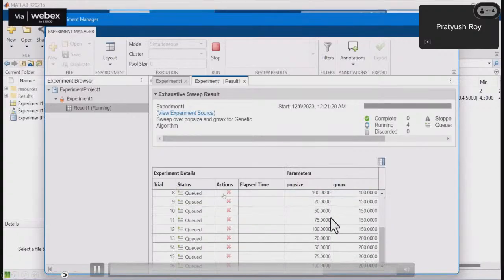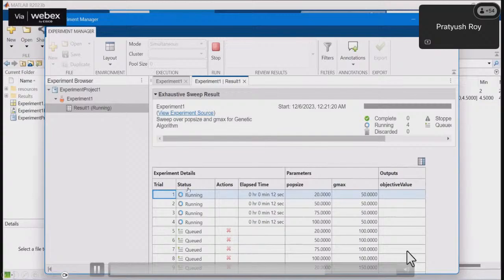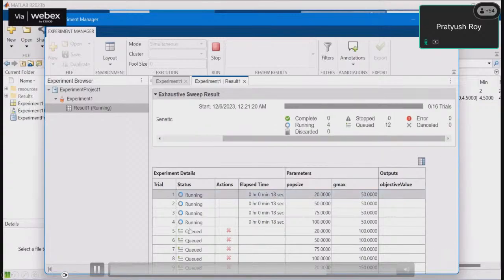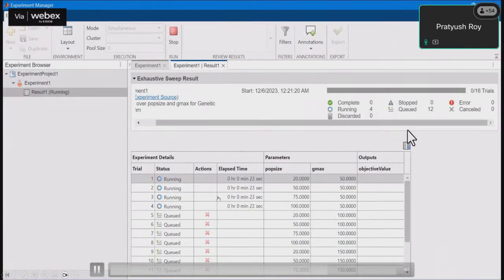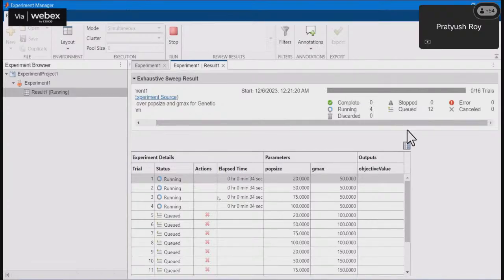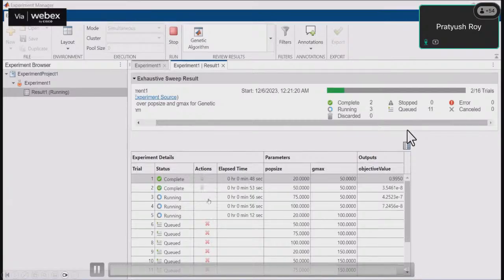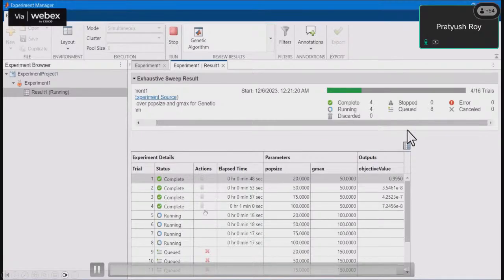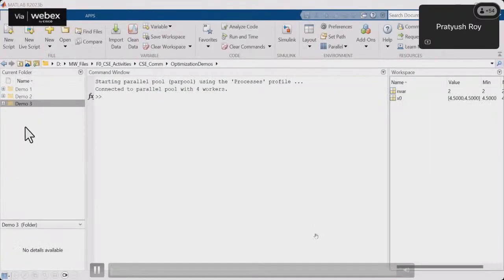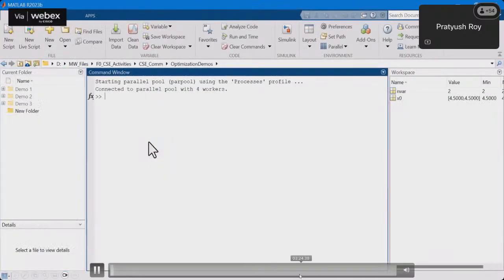So multiple of them will be queued and, for example, here 1, 2, 3, 4 are getting executed in parallel. So yes, simultaneous is same as parallel computing. If you notice, in multiple cores, they are getting executed, right? And once the cores are free, we are allocating the resources there. So that speeds up a lot of execution.